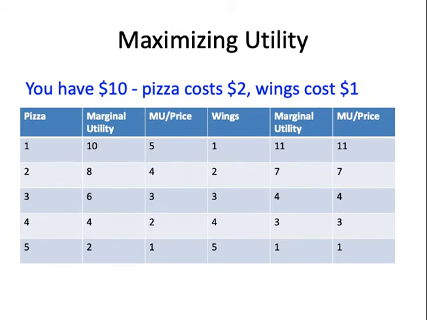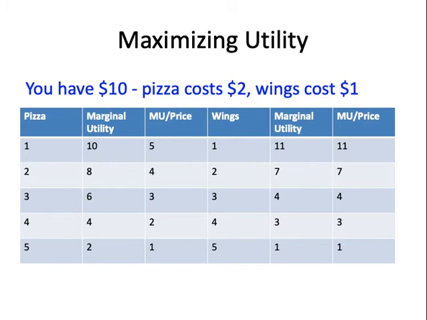And so let's recall our previous formula. What am I looking for? I'm looking for where marginal utility divided by price equals the same thing for the two products I'm considering. Right? So think about this. You actually do this, right?